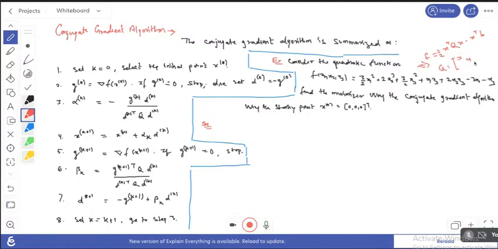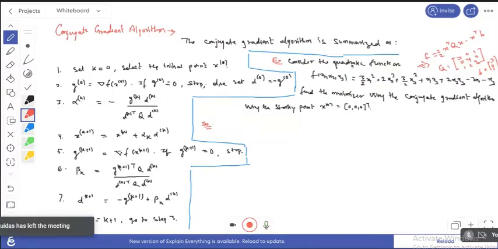The x1, x2 component is absent, so 0; x1, x3 is 1, and this is a symmetric matrix, so it has 0, 2, 1. And for x transpose b, the linear term is minus 3, x2 is absent, so b is 3, 0, 1. So you have written the function in an equivalent form.